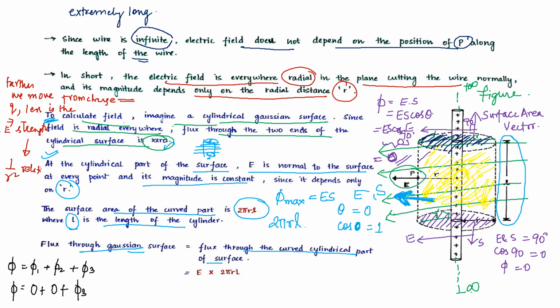Hence, how much flux do we have from the third surface? It is E into S. Here the value of S is 2 pi r L. So we substitute E into 2 pi r L. That is what we have done here. So the flux here will be given by E times 2 pi r L.